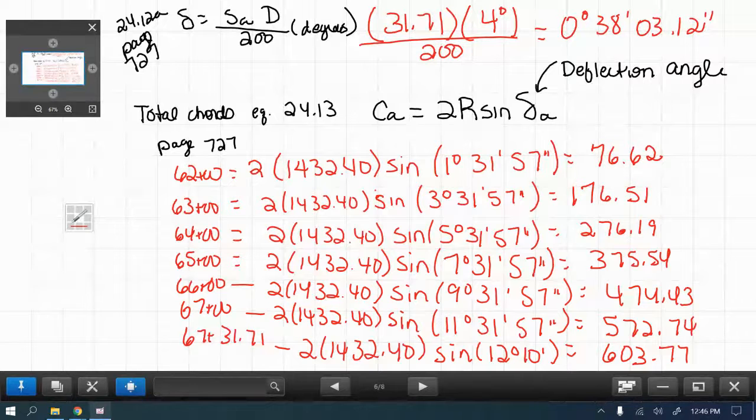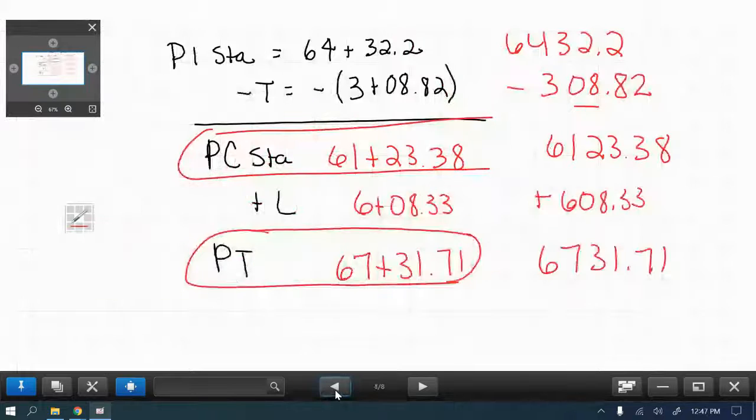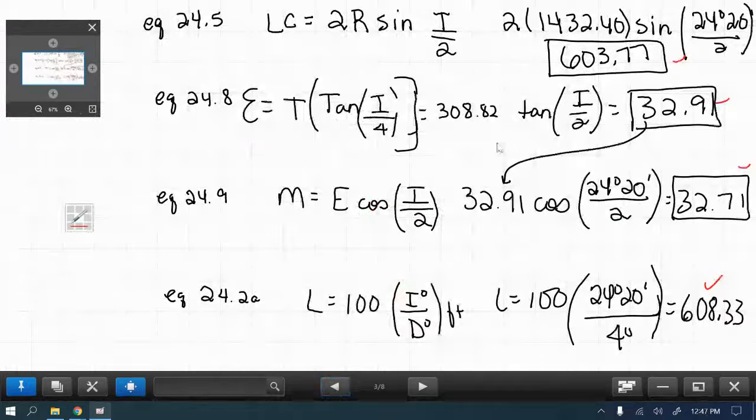I'm going to punch it in real quick. It'd be 603.77. All right, let's check, see if that matches my long chord.